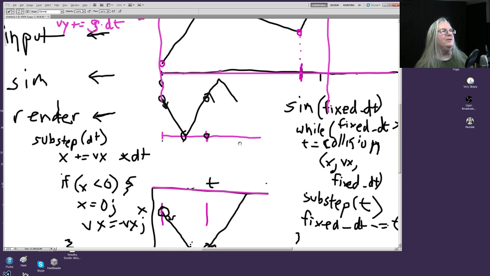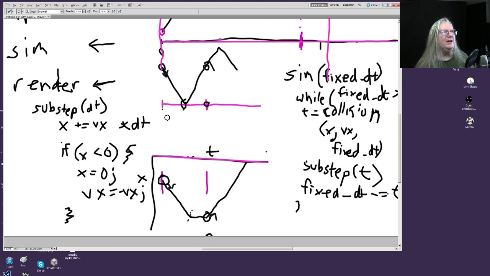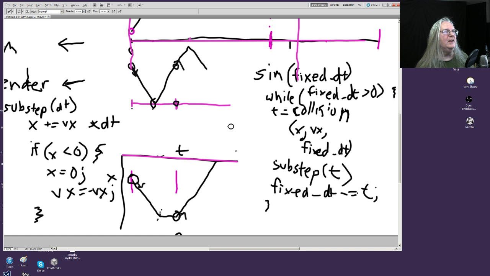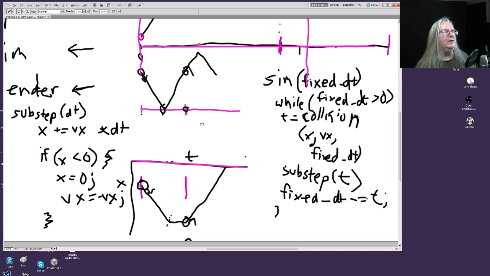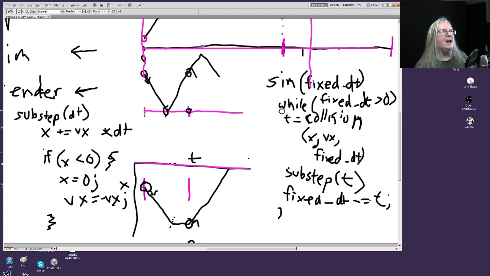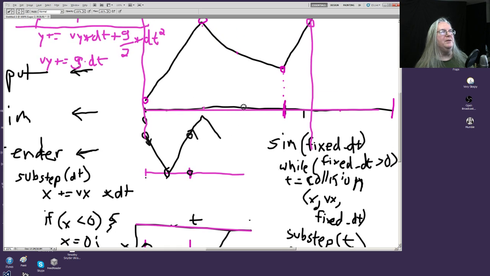Well, there's things like, trying to think of a good example. So one of the things is that if everything that can happen gets quantized to frames and you have a fixed time step, it's usually going to be pretty consistent without doing stuff like this. The kinds of things you run into are like, you throw a ball at a wall and it bounces off.